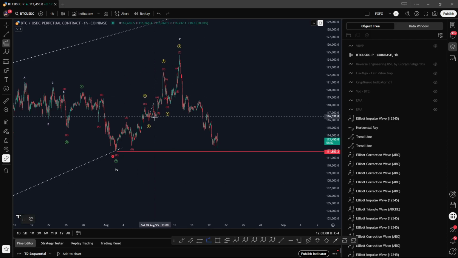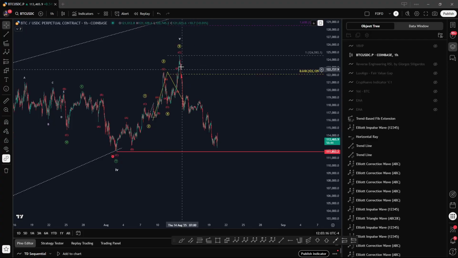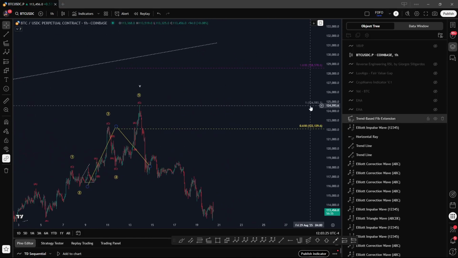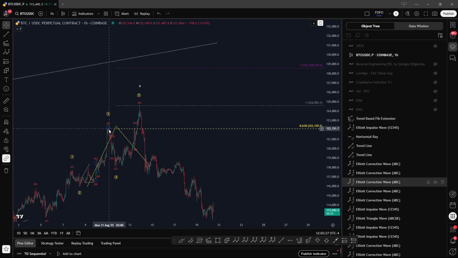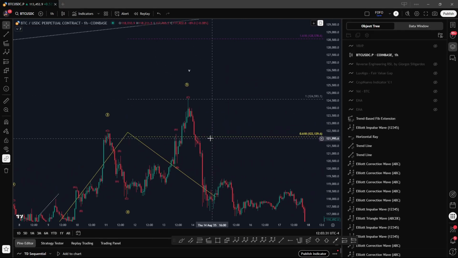So now all I have to do is measure to make sure that this 5th wave is longer than this 3rd one. And if it is, let's zoom in real close. I'm looking at the 1-to-1 extension is what I'm doing. 100% of the length of the 3rd wave. This one should be longer. Okay?